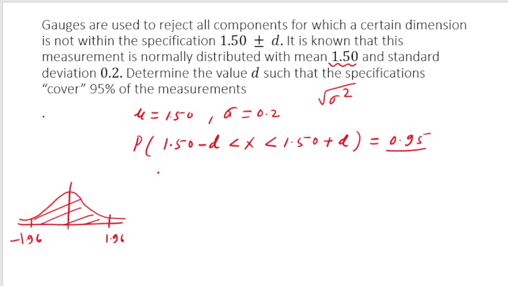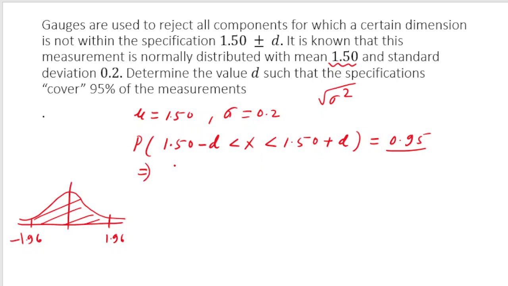So it means that 1.96 should be equal to one of the values. Let me write one more step, otherwise you will get confused. Just give me a moment, because it is also important for you to understand.